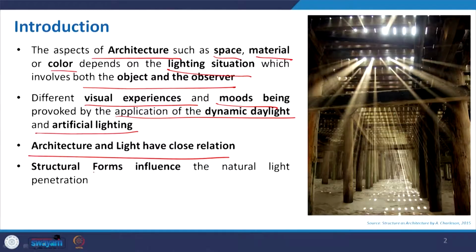Now, if they have this relation, it is as true with structural form. Different structural forms may facilitate welcoming light inside a structure. Here you can see in this image a wooden structure, a very simple structure with columns and beams, and at the rooftop there is some perforation.